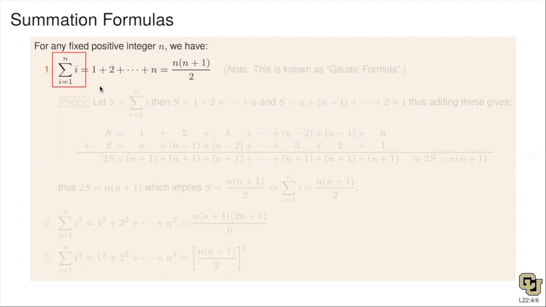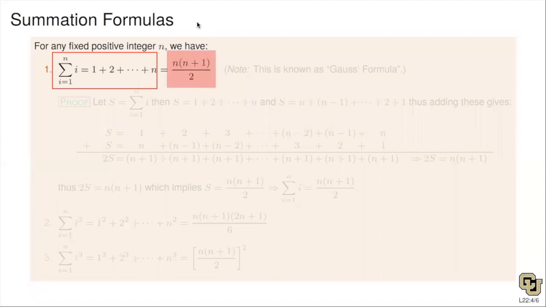All that represents is adding the first n integers. For example, if I was going from 1 to 5, I'd be trying to find the sum of 1 plus 2 plus 3 plus 4 plus 5, which we know is 15 because that's an example we did. The formula tells us that, rather than calculating the sum explicitly, it's equal to this formula.